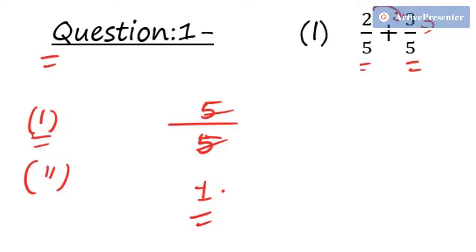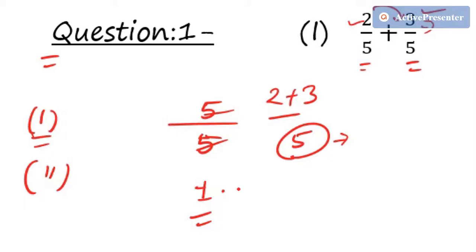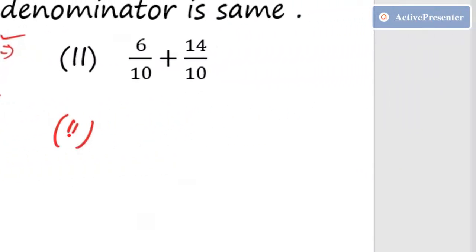In this question the numerator values are 3 and 2. So if you add 3 and 2, it gives us 5. Because the denominator is 5 and the numerator is also 5, this would cancel and the value would be 1.